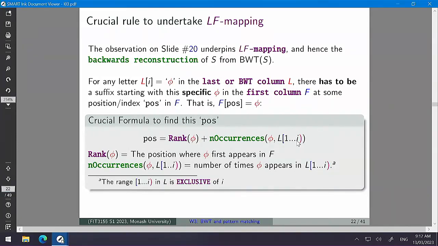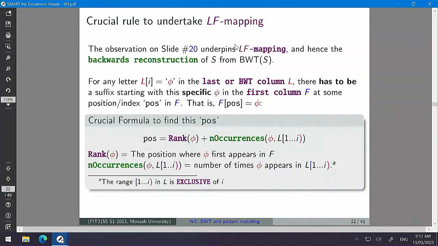So i is not included in your count. If it's the first letter at i, then I have not seen anything before, so the position has to be the rank of that letter plus 0. If I've seen it one time before, then it's going to be the second instance, so it's going to be rank plus 1, okay? And rank plus 2, and so on.